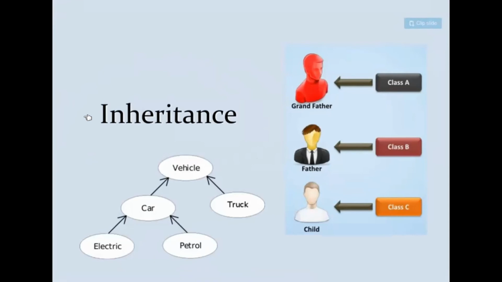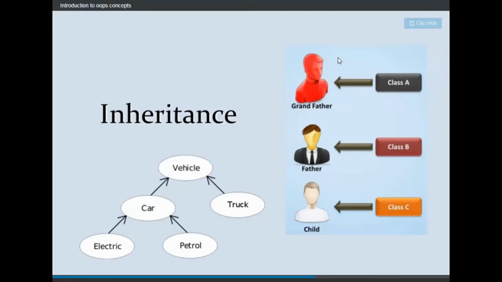So, reusability of code. What is the purpose of inheritance? Reusability of code. And this is one of the powerful principles in object-oriented programming. Understood, children? Again, do I want to explain this concept?